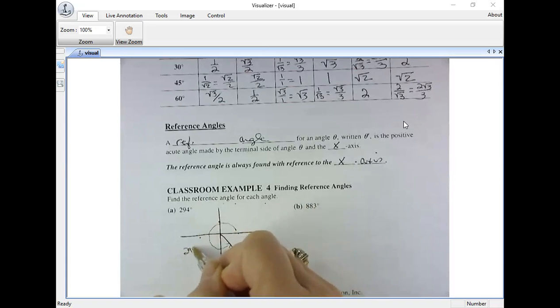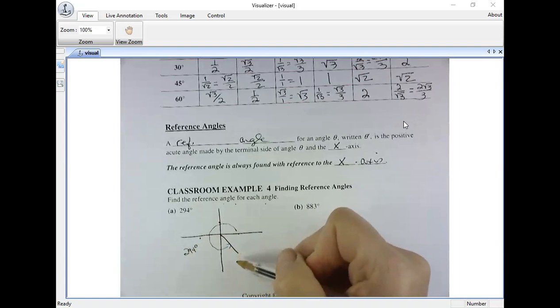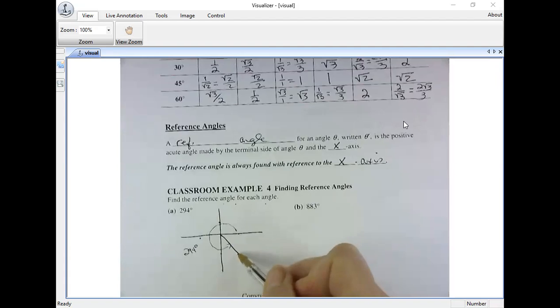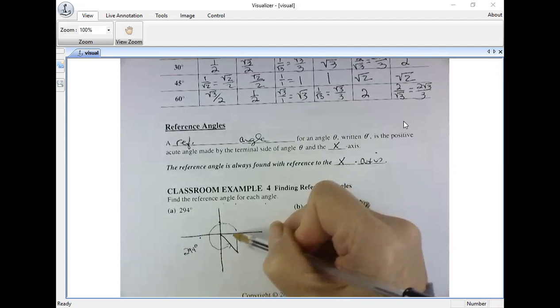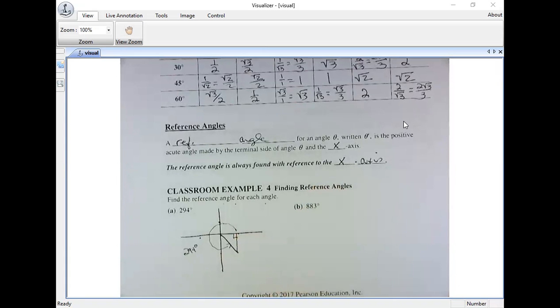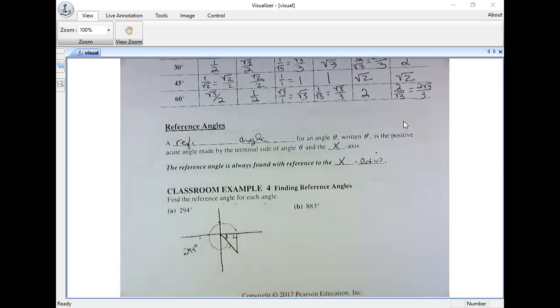Okay, now that's where 294 degrees goes. But my reference angle, now here's why I'm saying be careful that you would always draw your perpendicular to the x-axis. I'll never go to the y. I'm always going to go either up or down to get to the x. So what would be the angle that's inside my triangle? It's this one, correct?